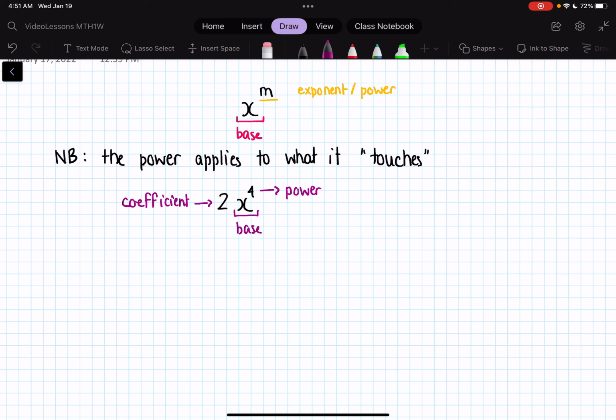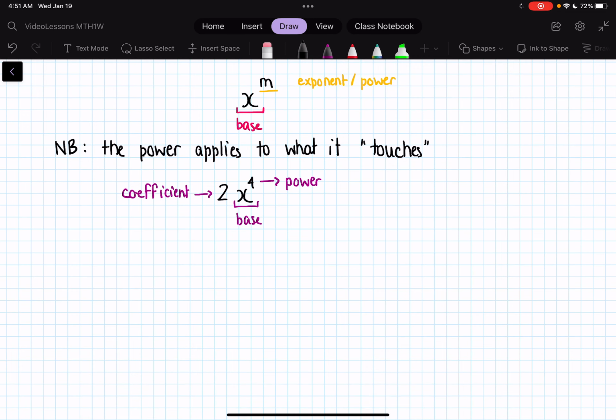Now, in this case, most students probably thought, well, obviously the 2 is not getting the power. But where we generally see a mistake is when we give you something like this. Remember in math, we have what's called our invisible ones. So in front of this x is a negative, which means we're multiplying it by -1. So this is the base.